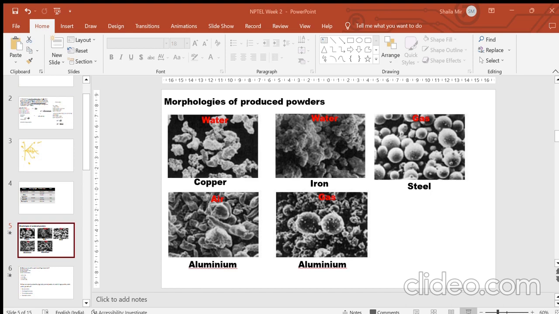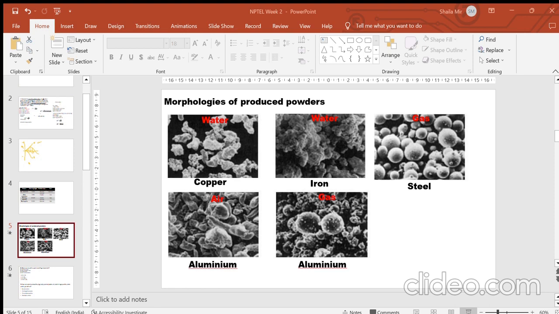So now we have some questions here. I will read out the questions and then you can answer them. The first question is, which is true with respect to centrifugal atomization? First, spherical shape. Second, high production rate. Third, inexpensive. Fourth, less contamination.